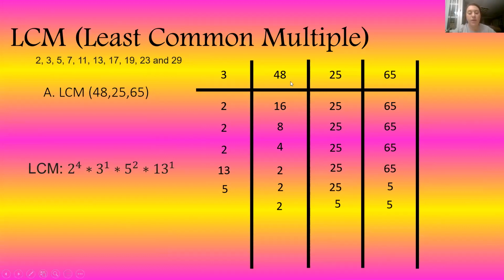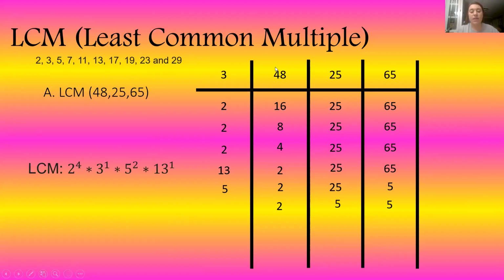I decided to do 48 divided by 3, which gives you 16. As you go down the line, if a prime also goes into your other numbers, you can work with them as well. But because 3 does not go into 25 or 65 evenly, we are going to just work with our 48 until we get to numbers that work with the 25 and 65.